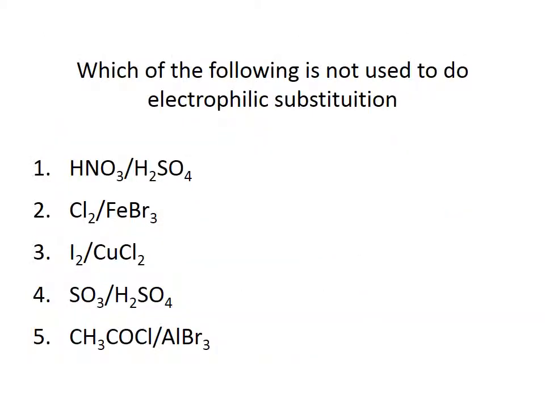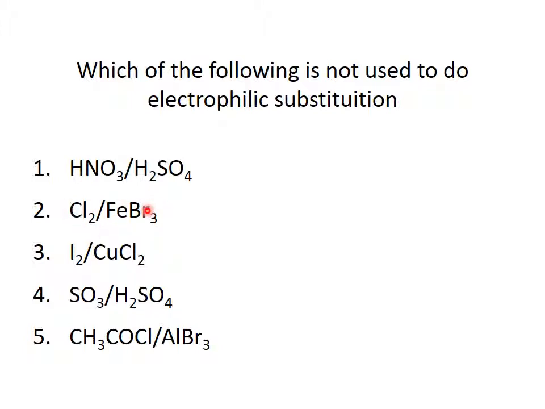Which of the following is not used to do electrophilic substitution? Really, all you need to know is what conditions you have used to do any kind of electrophilic substitution. This does nitration. This, well, chlorine, this is a catalyst, but here I have bromide, here I have chlorine. I would expect to see a mix-up of the chlorine and bromine.